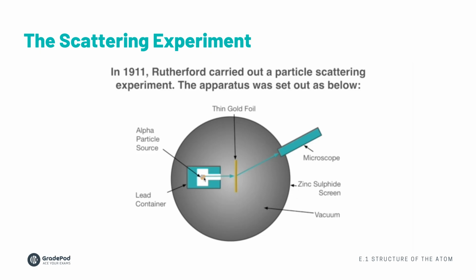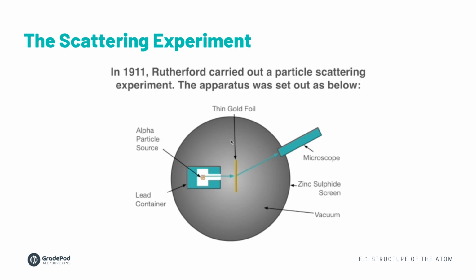Those alpha particles, which are 2 protons and 2 neutrons, so they have a heavy positive charge, are directed towards a very thin gold foil. And when I say very thin, I mean very thin. It's only a few atoms thick. And on the other side of the gold foil, we have a zinc sulfide screen and a microscope.